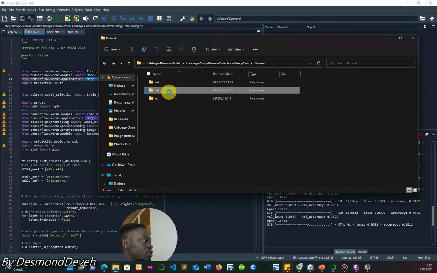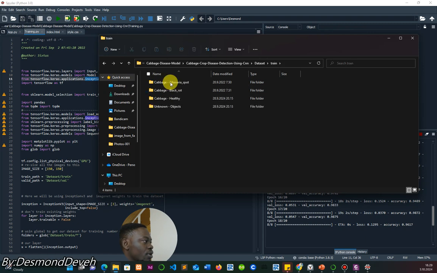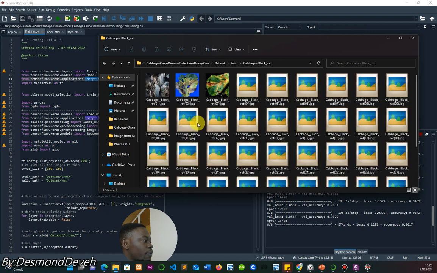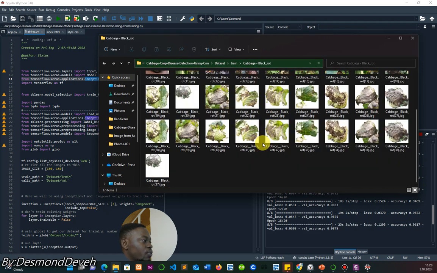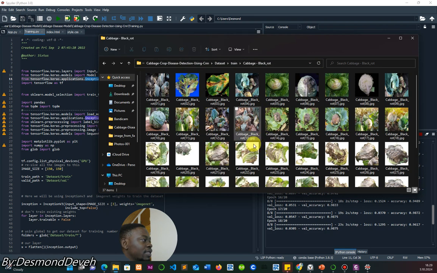So for the training data set, I have these two diseases, black rot. So these are the black rot images, and they all have the same image size. The width and the height are all the same, and the data set is small.